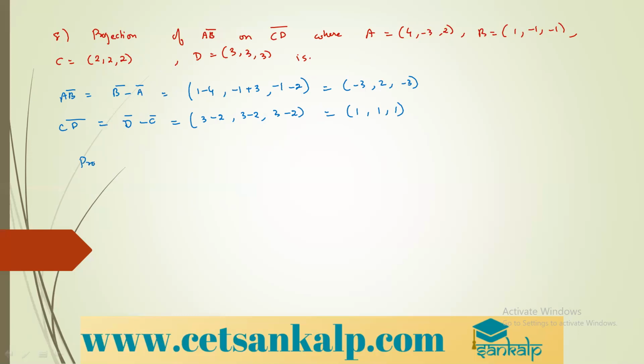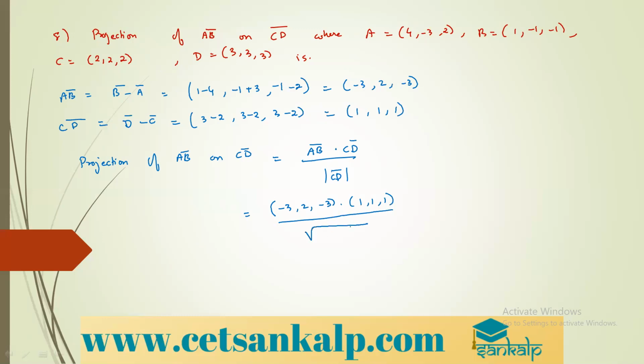Now, the formula for projection of vector AB on vector CD is vector AB dot vector CD by magnitude of vector CD. So I have to take the dot product of (-3, 2, -3) and (1, 1, 1), and the magnitude of CD will be square root of 1 plus 1 plus 1.